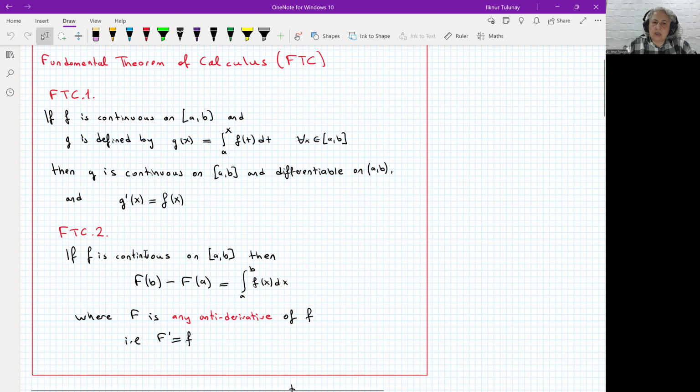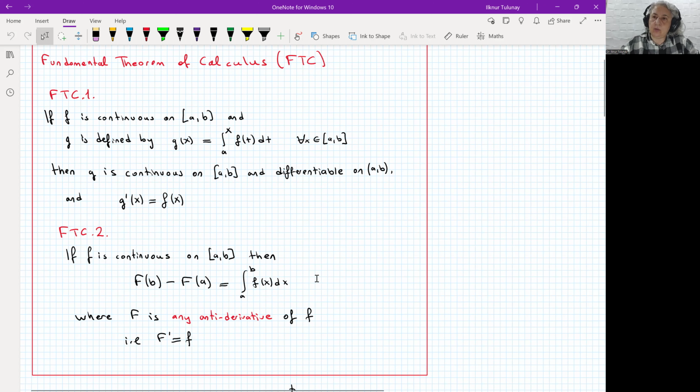Basically, I could use g, the function defined in the first one, but this is the traditional way we do it. We use the antiderivative function as a capital letter, so this is f, so this is capital F, and the derivative of capital F is that function.